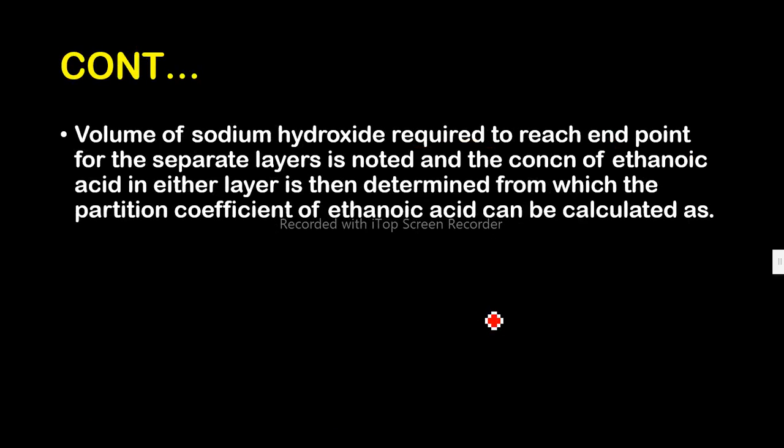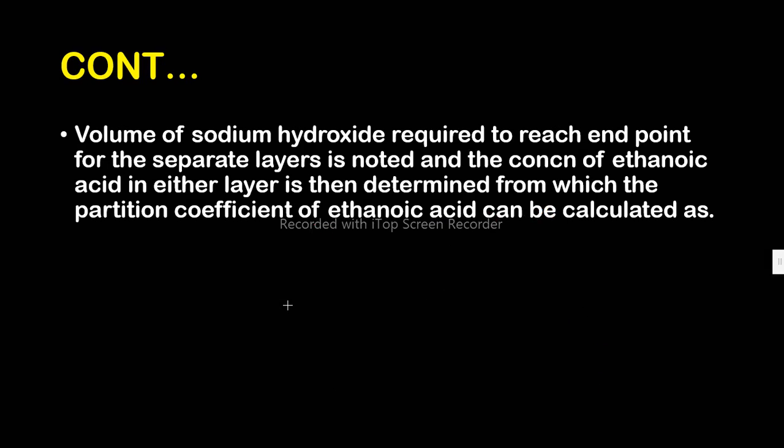So the volume of sodium hydroxide required to reach the endpoint for the separated layers is noted, and the concentration of ethanoic acid in either layer is then determined, and then from that you can calculate the Kd.